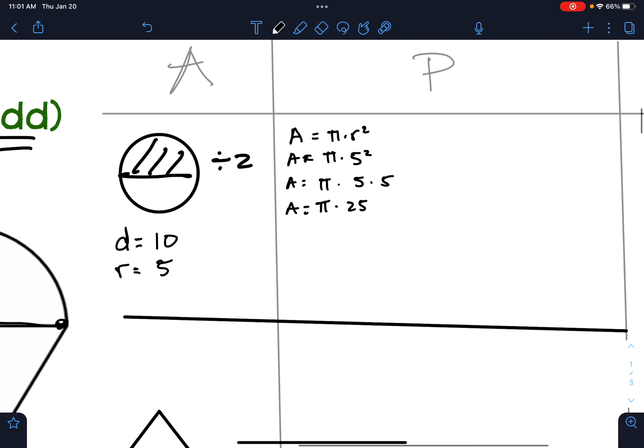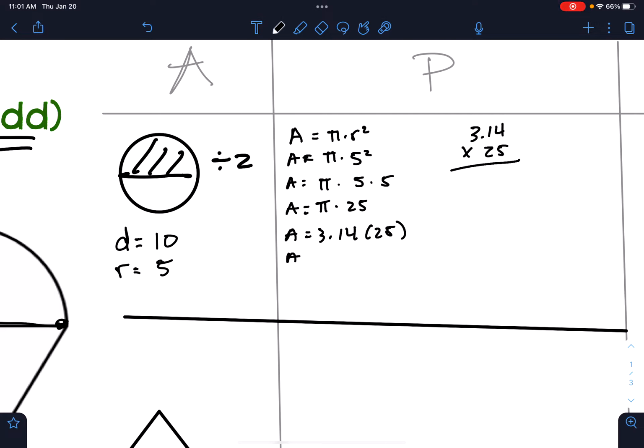Now that I know that I'm left with pi and 25, I'm going to multiply 3.14 times 25. Why? Because that's what pi is equal to. 5 times 4 is 20. 5 times 1 is 5, plus 2 is 7. 5 times 3 is 15. Bring down the 0. 8, 2, 6. Add them up. 0, 15.